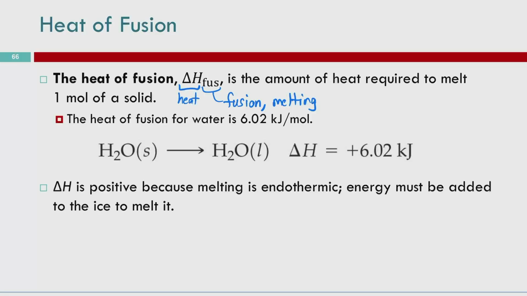So it's a lot of energy. The way that we might describe this in an equation, H2O going from the solid form to the liquid form, so melting, has this delta H value. We're not saying that it's fusion, it's just a delta H of plus 6.02 kilojoules.